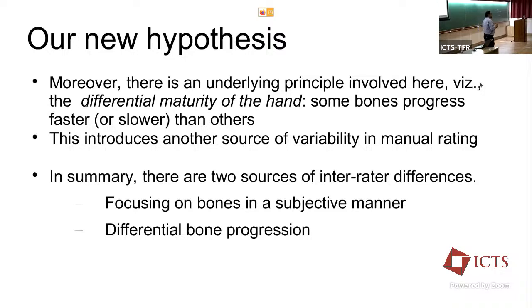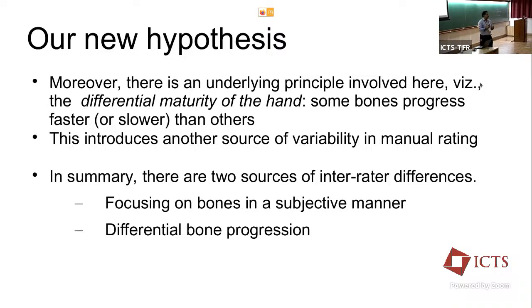Okay. So the fact that the different bones of the hand could be matured differentially in the same hand would also lead to rater variability, right? So in summary, there are two sources of inter-rater differences. Focusing on different bones is a subjective judgment, and that subjective judgment may differ from person to person, and so the same image may be rated differently.